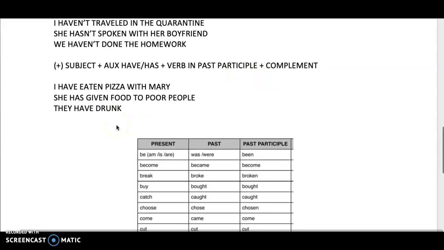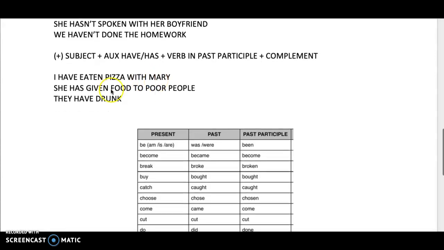For example, I have eaten pizza with Mary. I have eaten pizza with Mary. Yo he comido pizza con Mary. Or she has given food to poor people. Ella ha entregado comida a la gente pobre.